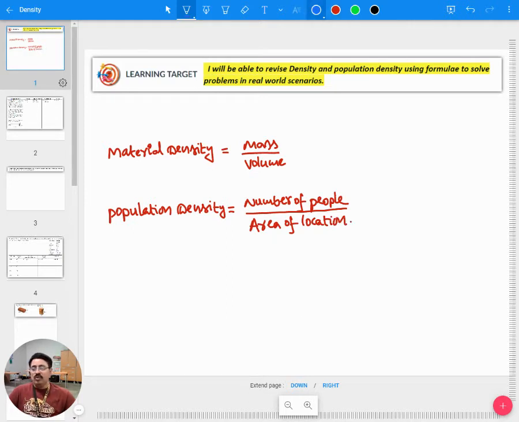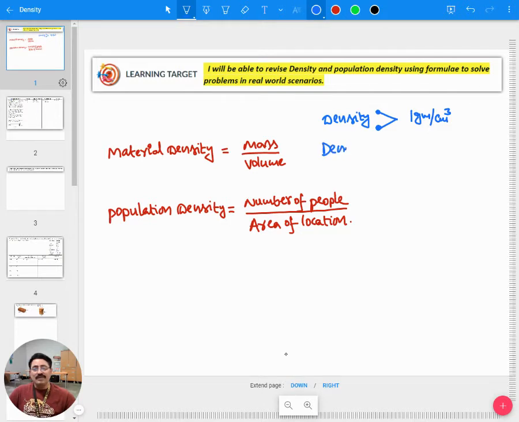One worth noting point is when you compute the density of a material, if the density is greater than 1 gram per cubic centimeter, then that object sinks in the water.